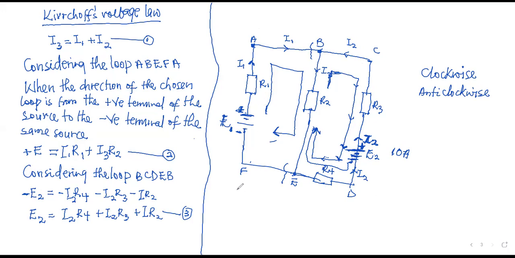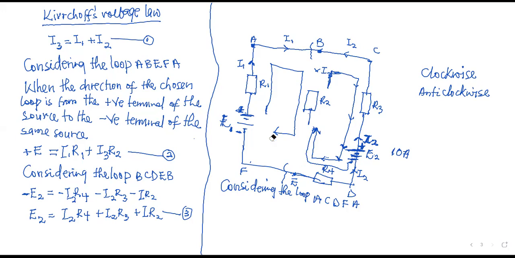So considering the loop AC, because I want to go clockwise, ACDFA. And I told you, when you pick a loop, it is as if this part is eliminated.